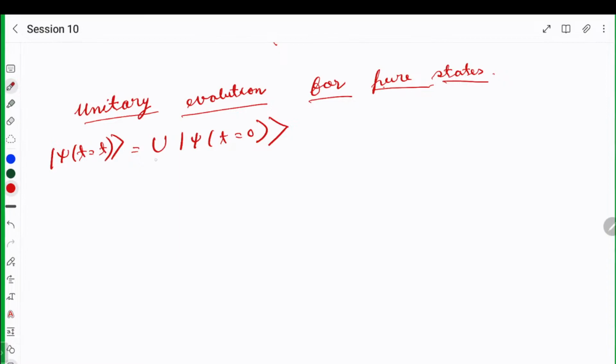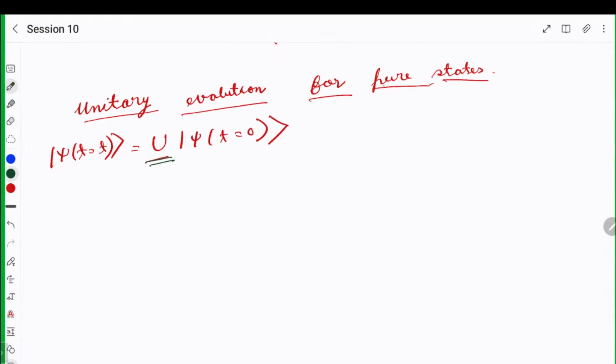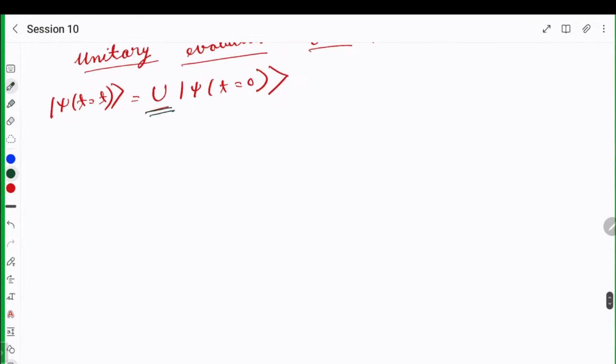So you just acted on the vector by a unitary. That's all you had to do. So what will happen for the density matrix? We have to find out how rho, which is psi t outer product psi t, evolves. So we have to find out how bra psi t evolves, for example.